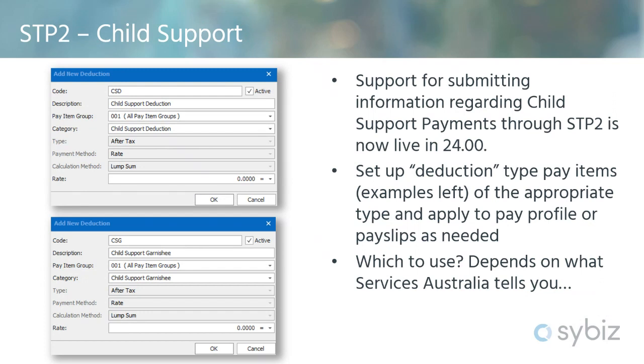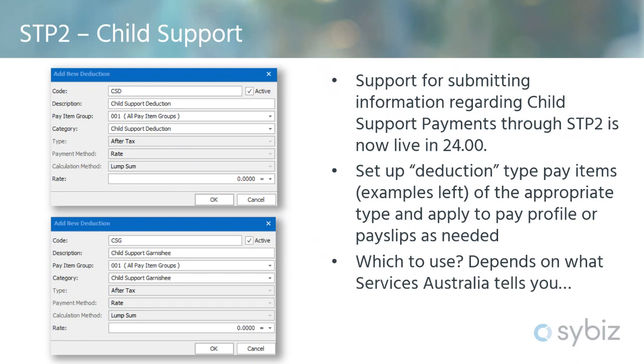We have now turned on support for child support in the STP2 context. There's deduction types, specifically the child support deduction and child support garnishee deduction types, which you can now apply to payslips accordingly.